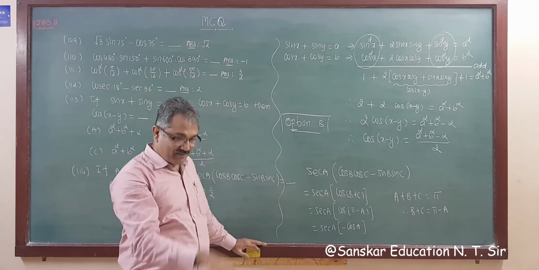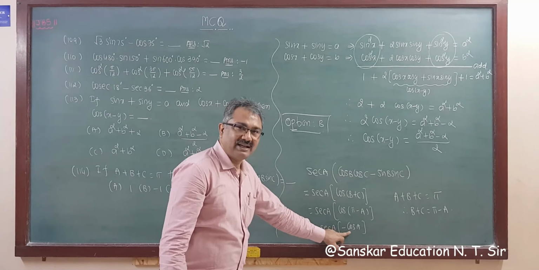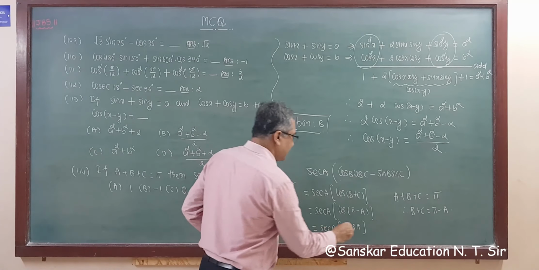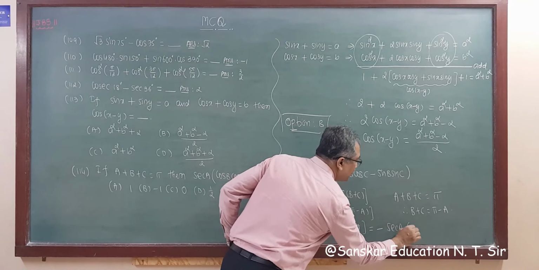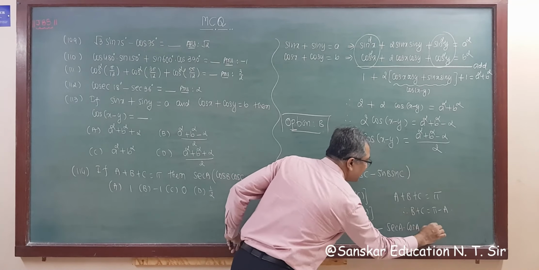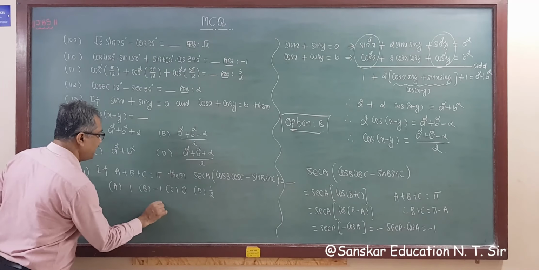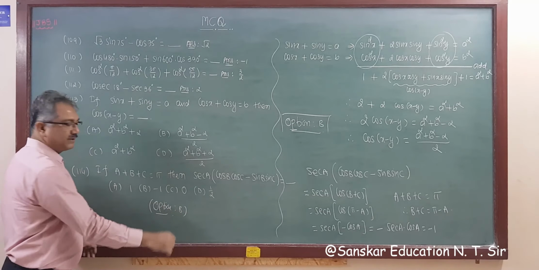Pi by 2, 3 pi by 2 change, yes, right? So sec A and cos A are reciprocals of each other. So what we get here? We get minus sec A into cos A, that is minus 1. So your answer will be option B. So option B is your correct answer. Got it?